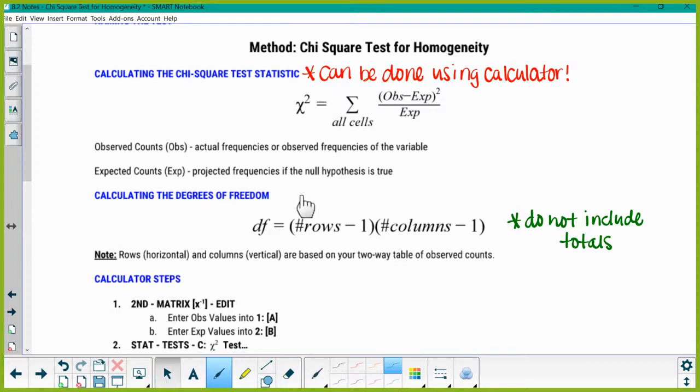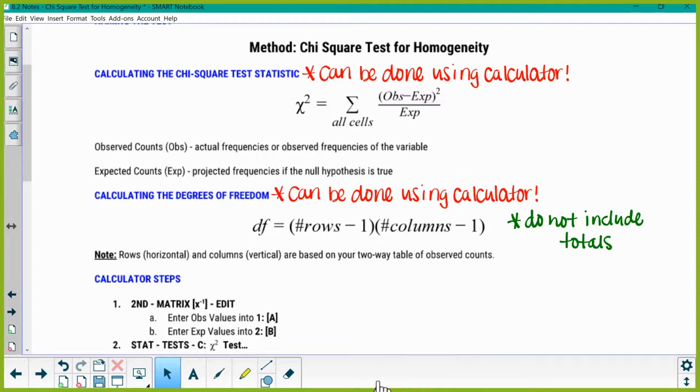Also, another thing with the calculator chi-square test, you do not have to enter a degree of freedom because you're giving the calculator all of the data it needs to determine what degree of freedom is. So, yes, you can do it using the formula. However, your calculator will also do it for you on this test.